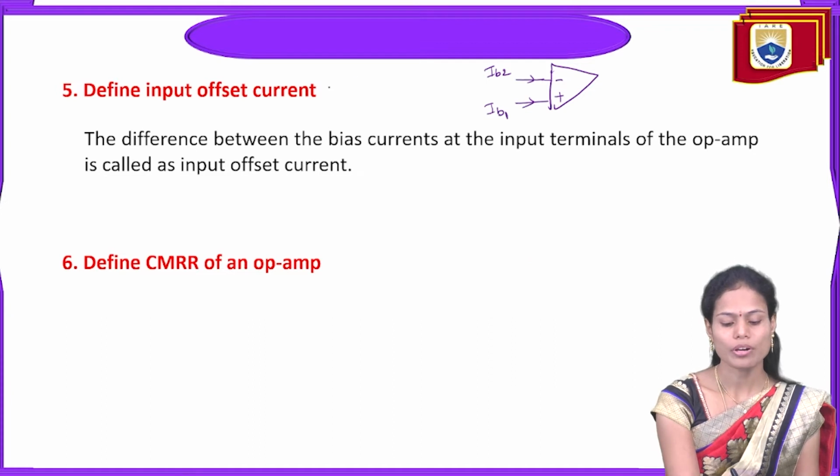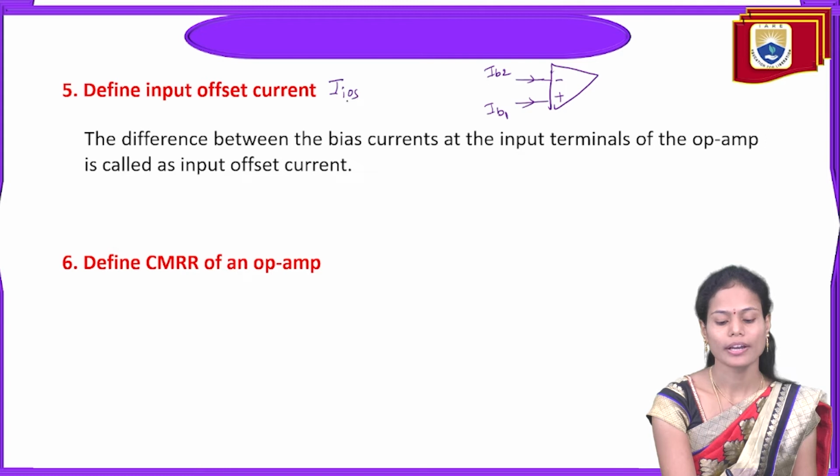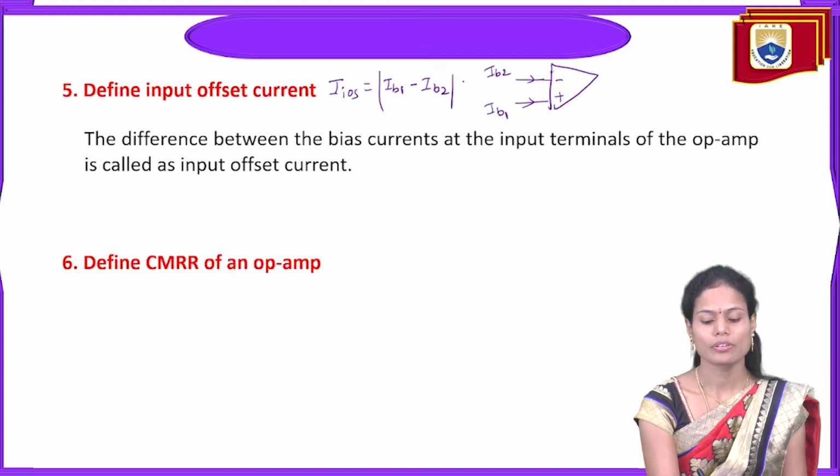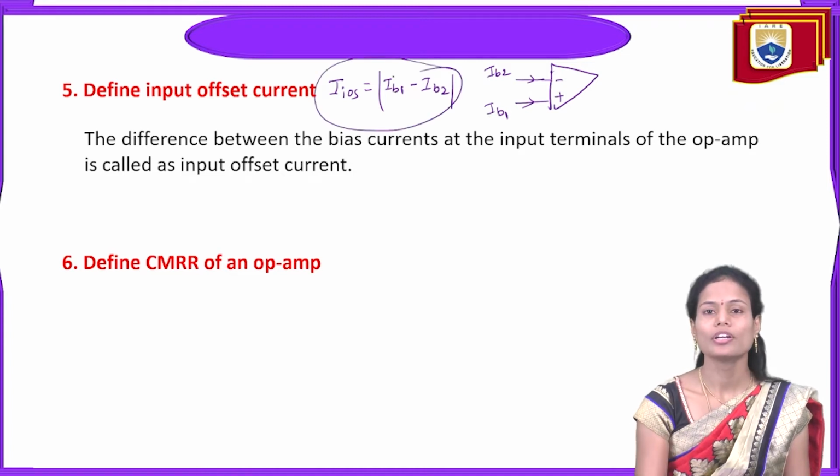This input offset current we indicate with IIOS. IIOS means input offset current, and it is the difference IB1 minus IB2. This is the algebraic difference between the two currents flowing in the two input terminals of the operational amplifier.